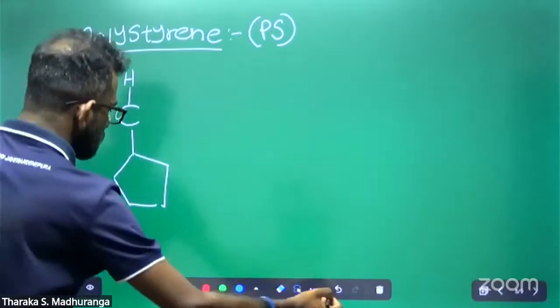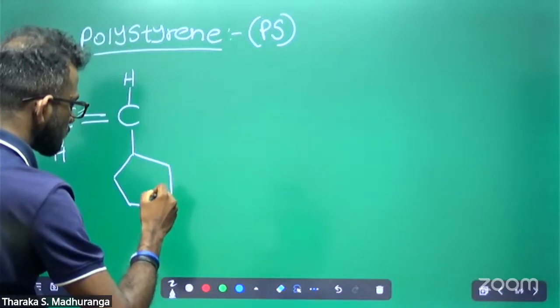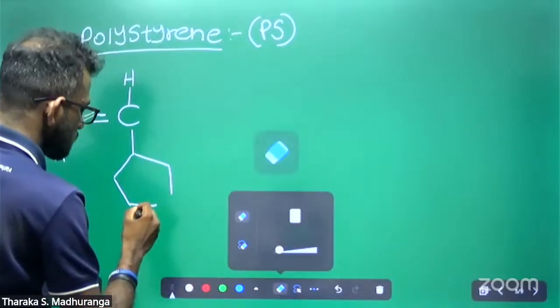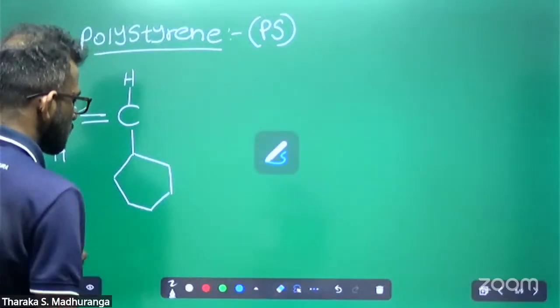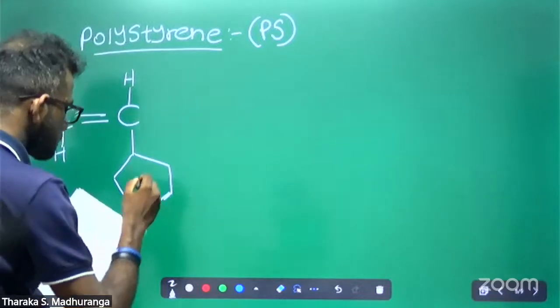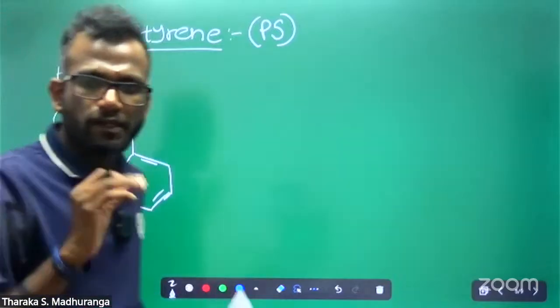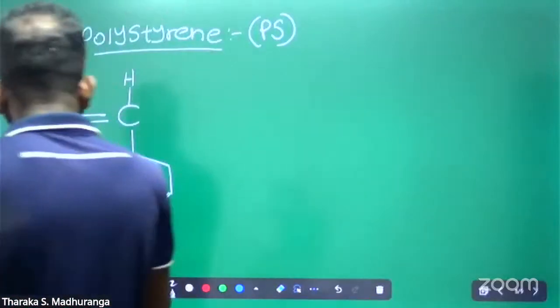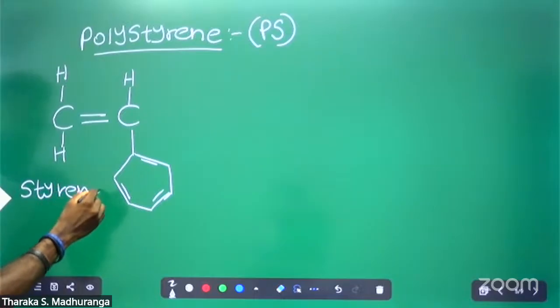It is not like this, it is a hexagon shape. Okay, that's benzene, and that's styrene. Styrene is the monomer.